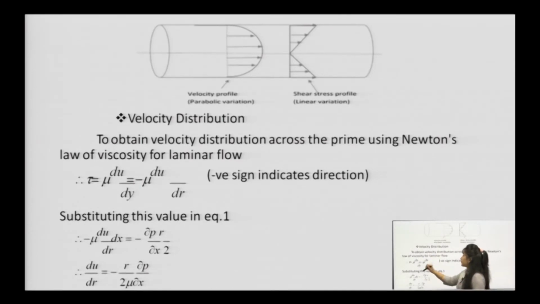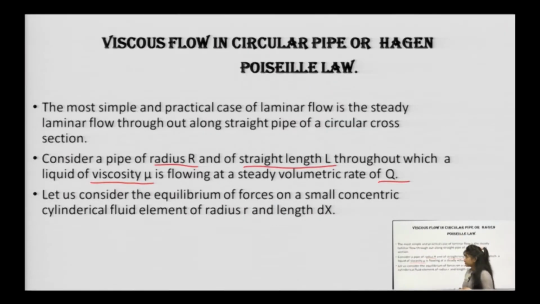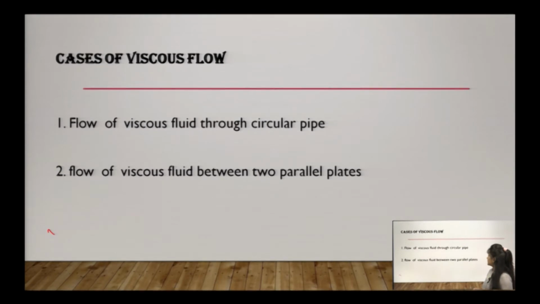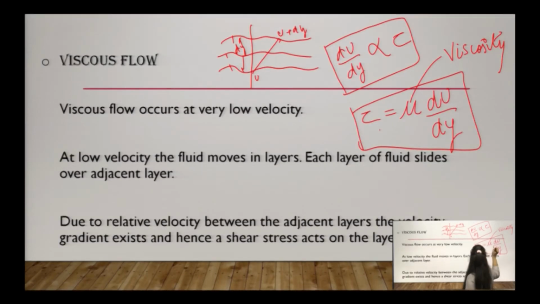Coming to the second point for today's topic, now we need to understand the velocity distribution within a circular pipe. For velocity distribution, we already know that shear stress is nothing but viscosity into the rate of change of velocity with respect to the distance traveled, tau equals mu du over dy.